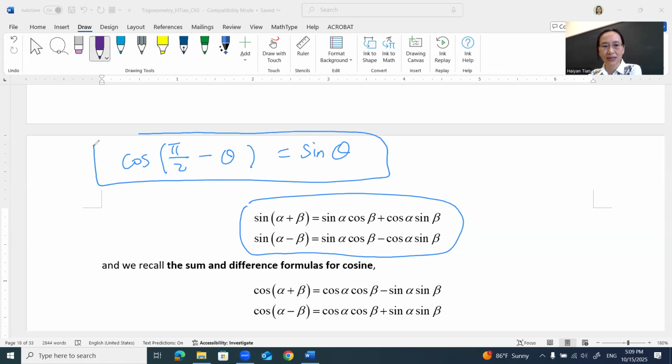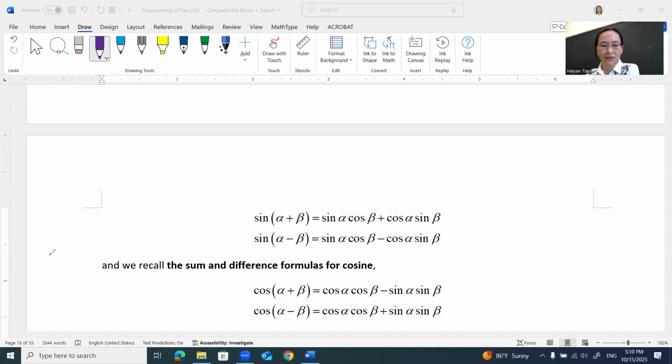So this identity involves the sine and cosine. In order to get the sine of a sum, we can see this cosine function and sine function can be involved in a cofunction identity.